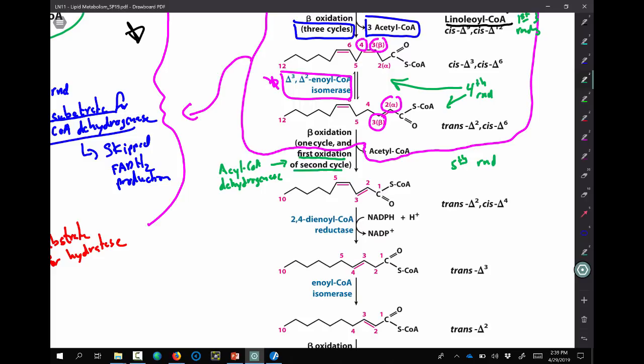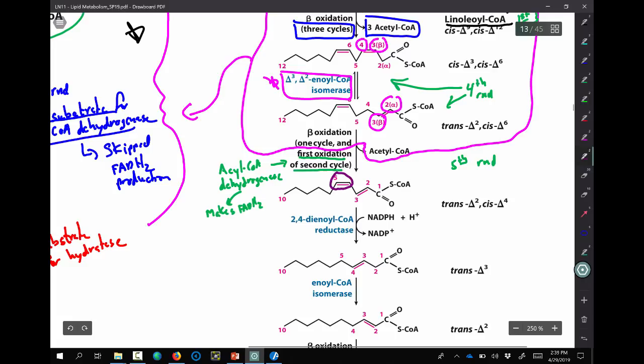So this will make, just for reference for you, FADH2. Okay. But it also, because we have this other double bond to deal with.